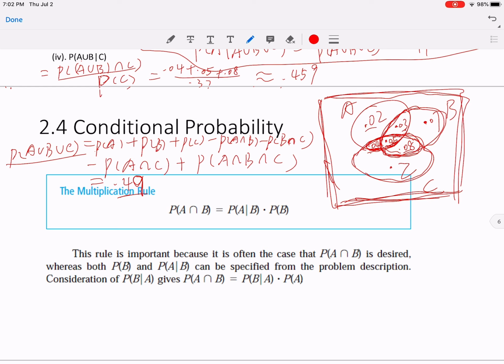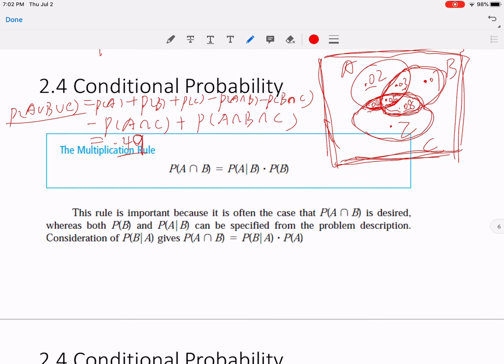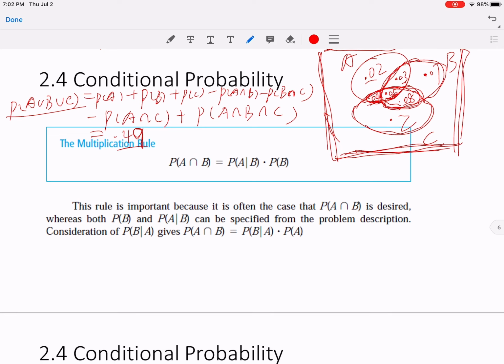Okay, now, once this is clear, let's take a look at the multiplication rule. The probability of A intersection B is equal to the probability of A given B times the probability of B. Actually this is derived from the definition of conditional probability. We know that the probability of A given B is equal to the probability of A intersection B divided by the probability of B, right?